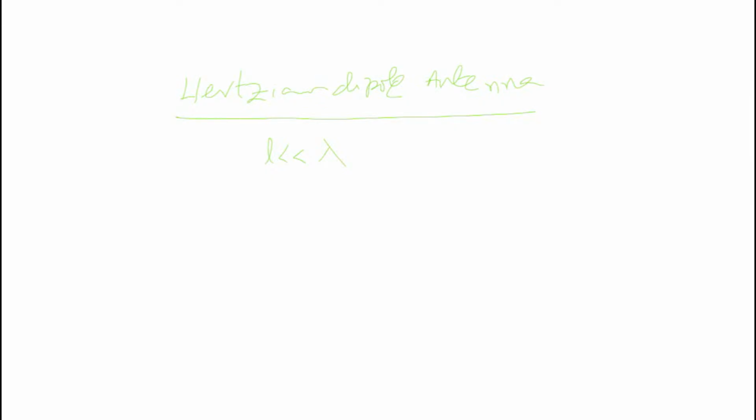So in this case, the radiation resistance of the elementary dipole antenna is given by 80 pi squared times (L by lambda) whole square. This is if length is very small.